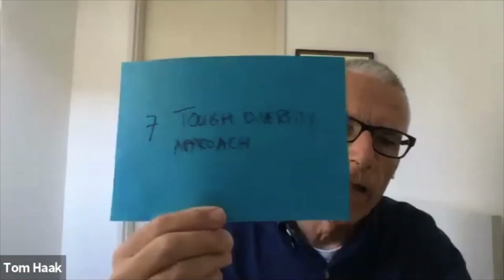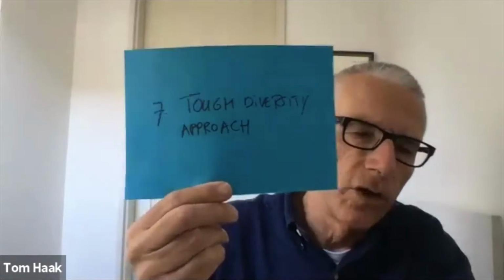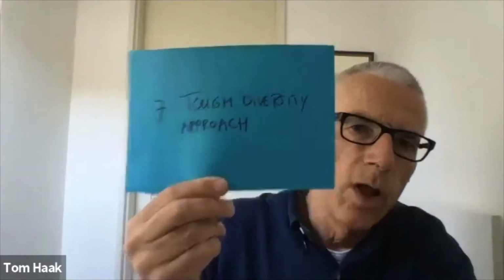Number 7 of my list of 10, and I won't go deep into it, is a tougher approach to diversity. And I don't know about diversity issues in Nigeria, but my guess is that also there, for example, gender diversity is an issue. And in my country, I'm Dutch, that's also an issue.